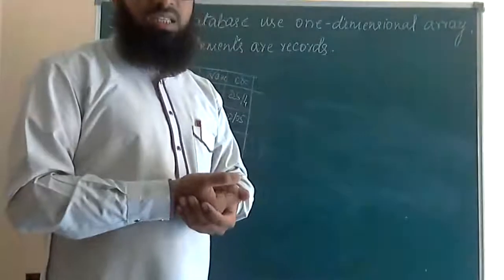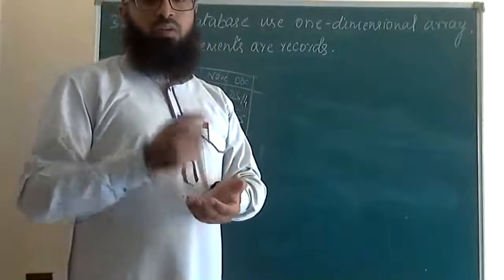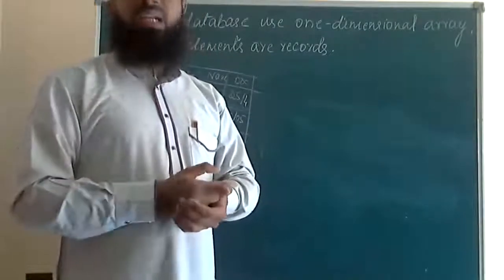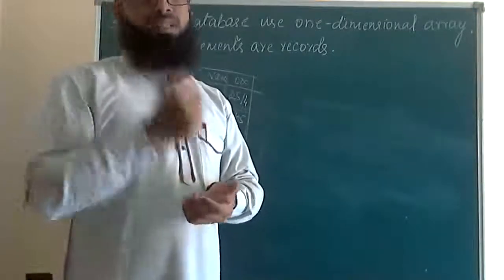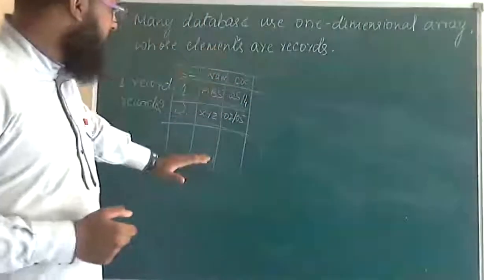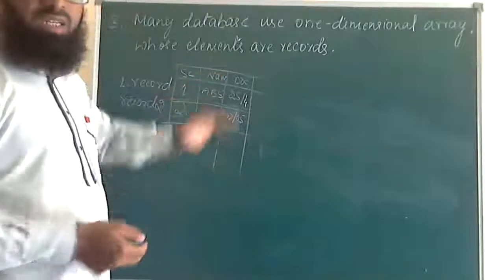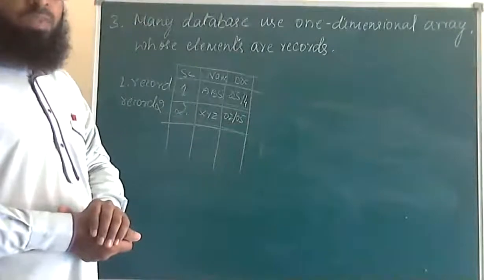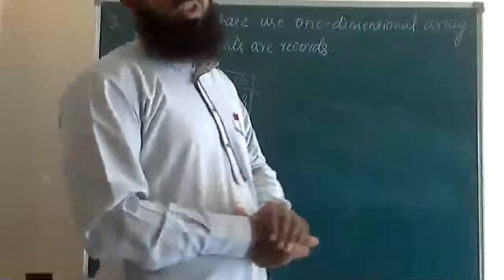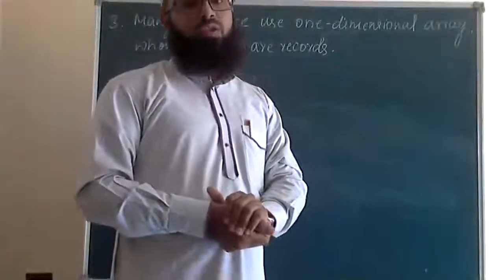And the third is that many databases use a one-dimensional array whose elements are records. Think of this as a database and each row is called a record. So this is about the applications of arrays.